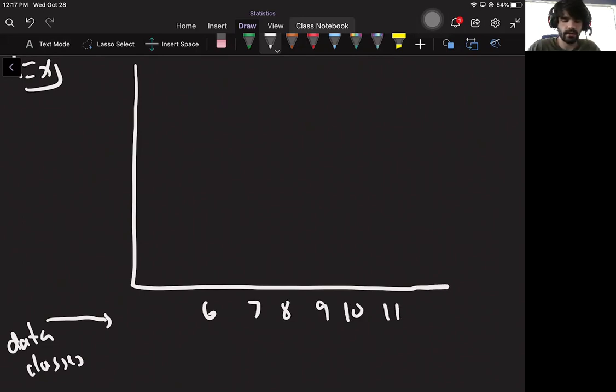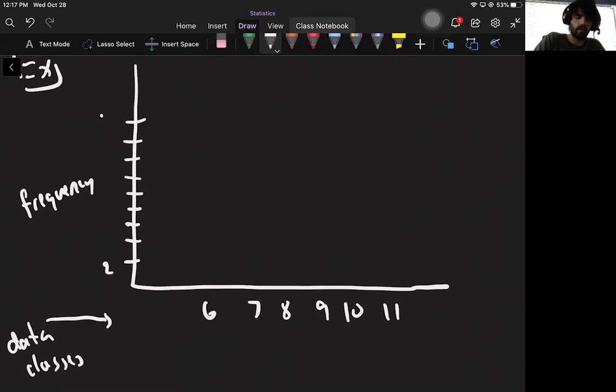Those are the data classes. And then on the left here is the frequency. That means how many times each data class shows up. I'm going to count by twos here from 2 to 18: 2, 4, 6, 8, 10, 12, 14, 16, 18.